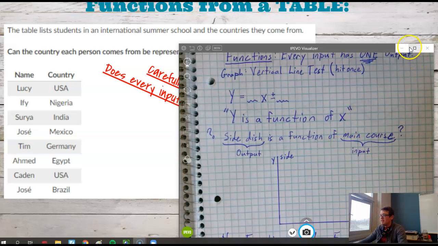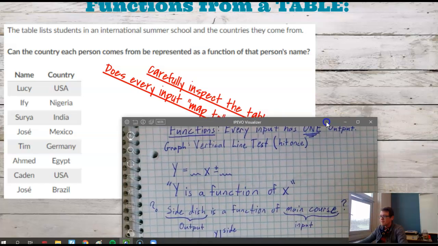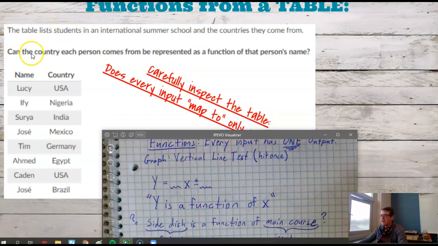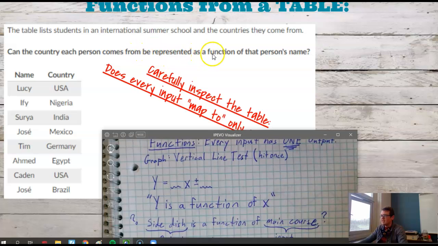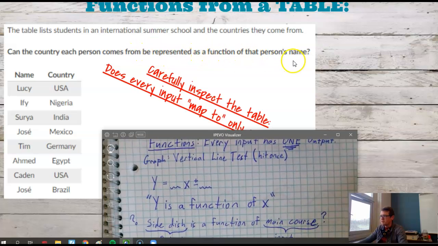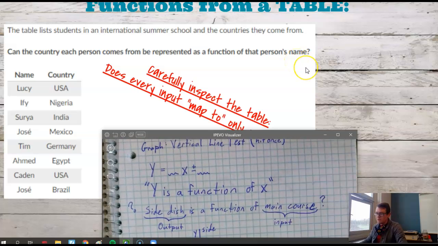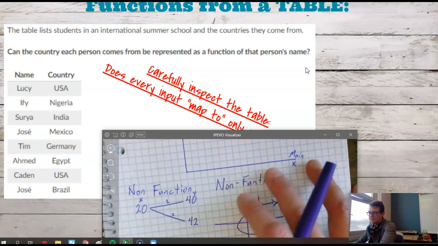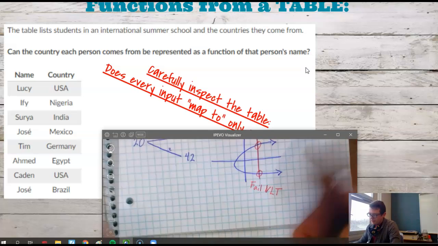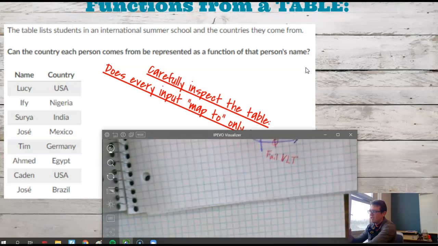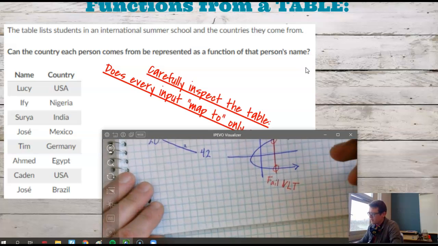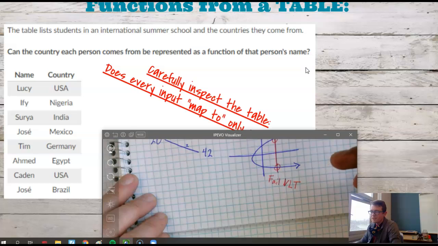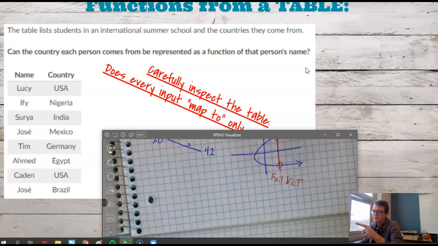What we want to look at here is, can the country each person comes from be represented as a function of that person's name? So what we want to write down and ask and talk about with our group is, is country a function of name or name is a function of country? Read this real carefully.